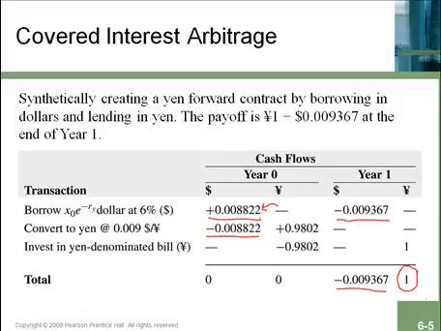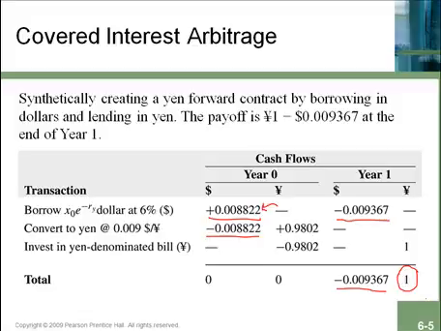The net cash flow is 0 today, and a forward contract is that way. It requires no cash flow initially to get into. And then at the contract expiration, 1 year from now, it pays us 1 yen, and it requires us to pay the forward price of $0.009367.